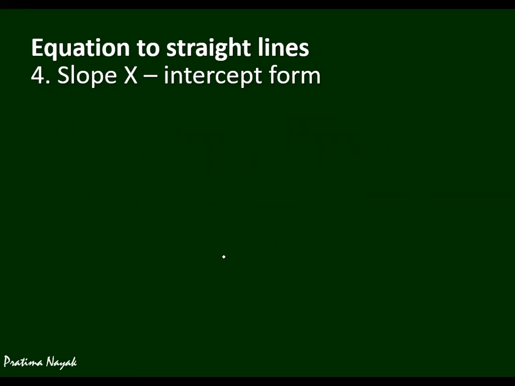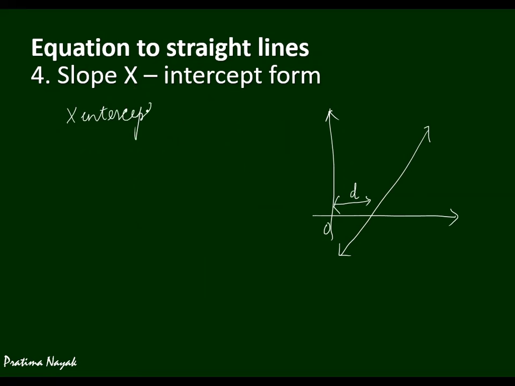Next, slope x-intercept form. In the same way, x-intercept form means the line will pass the x-axis at a distance small d from the origin. As we took small c in y-intercept, in x-intercept we take small d. Now it is easy for you.